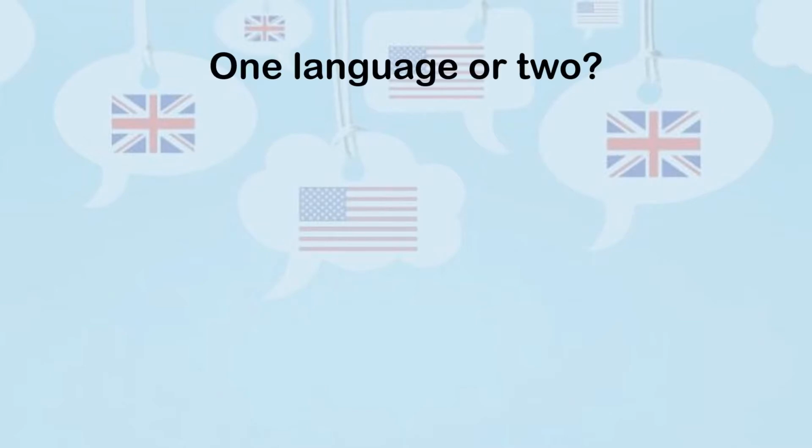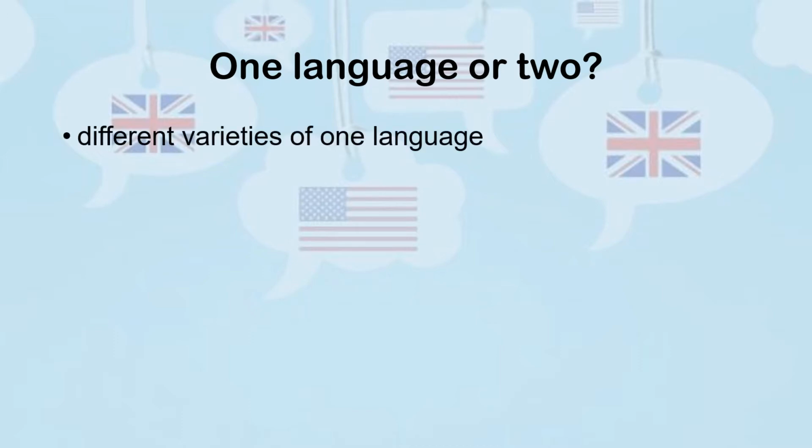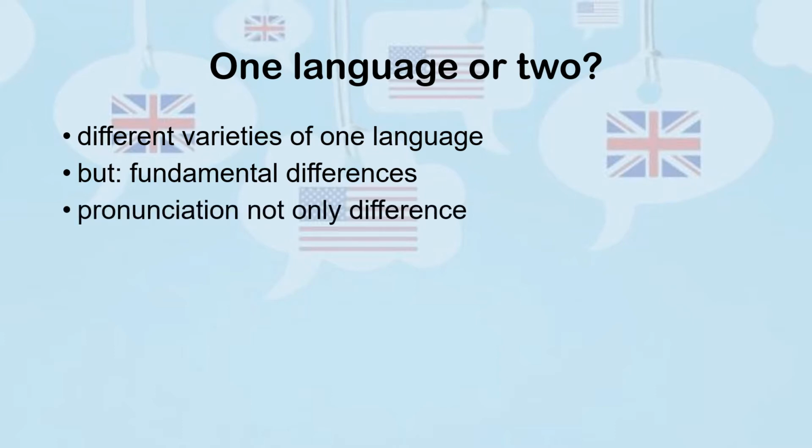We are indeed not talking about one language, but about two, really, or at least about different varieties of one, or essentially one language, English. But we also have to take into account that there are fundamental differences between British English and American English.